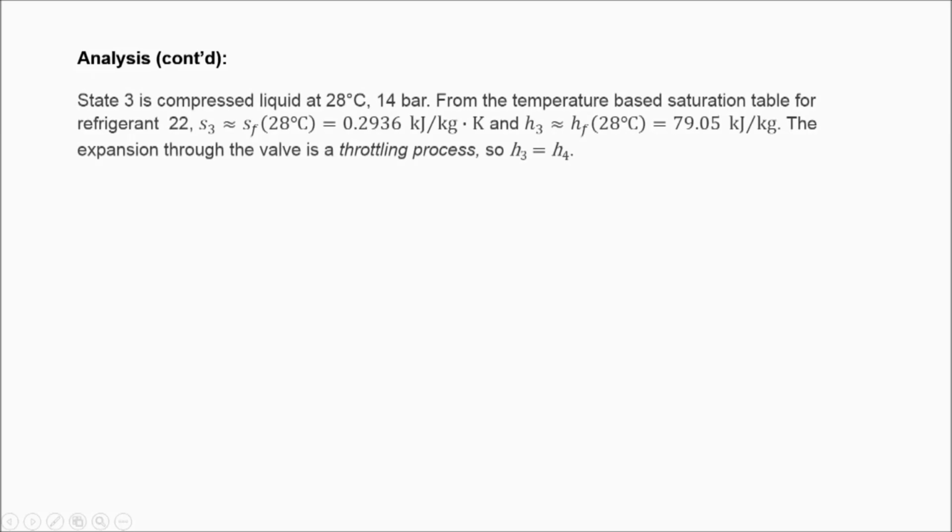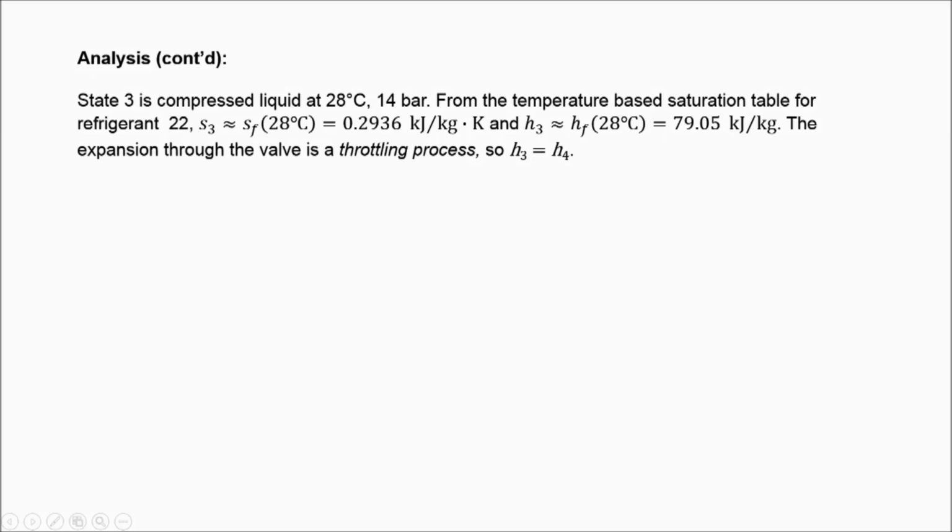State 3 is given to be a compressed or subcooled liquid at 28 degrees C and 14 bar. From the temperature-based saturation table for refrigerant 22, S3 is approximately equal to S sub F at 28 degrees C, which is equal to 0.2936 kilojoules per kilogram Kelvin.